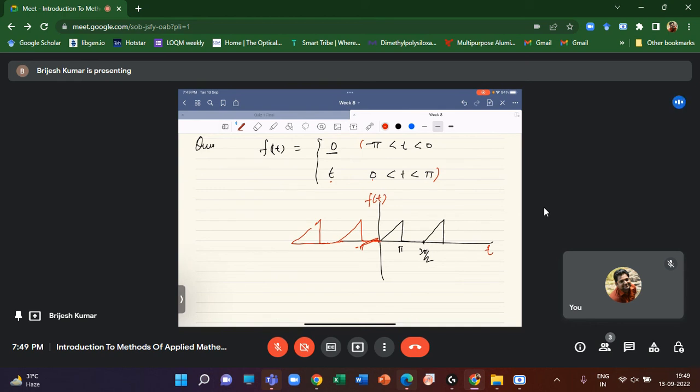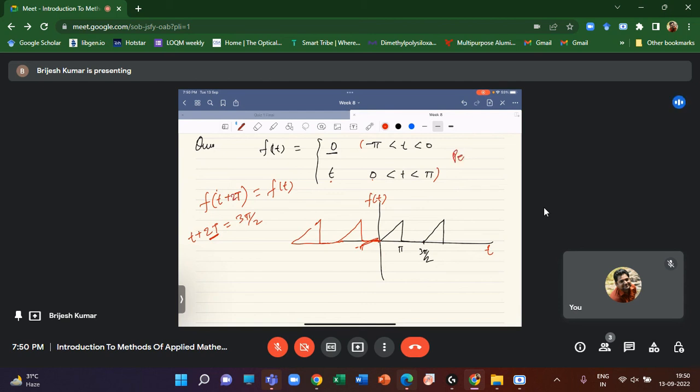Okay, so what will be the value after pi? This is our function with period, right?